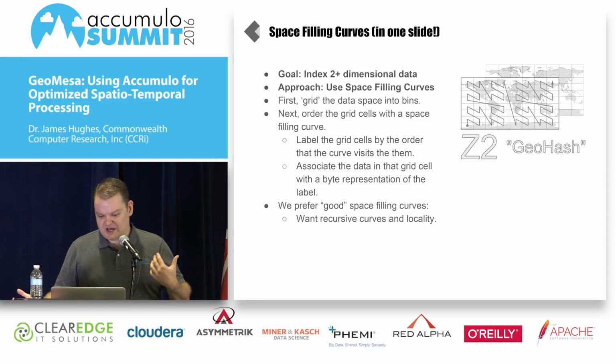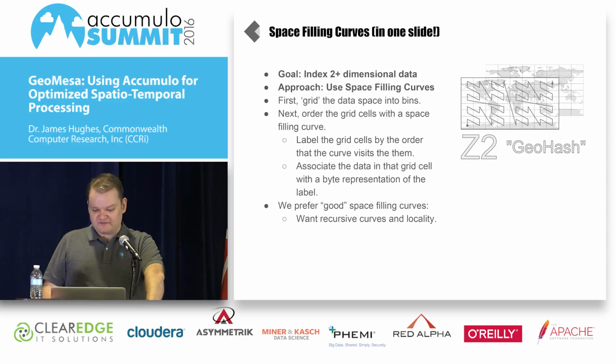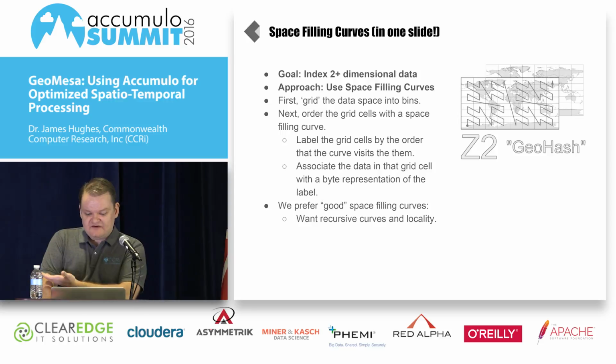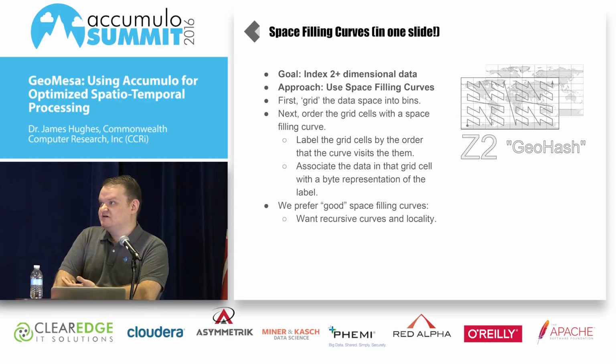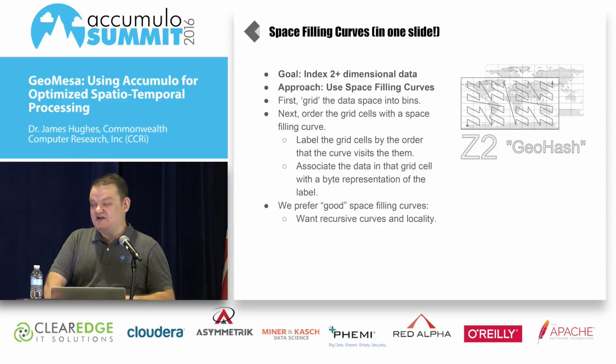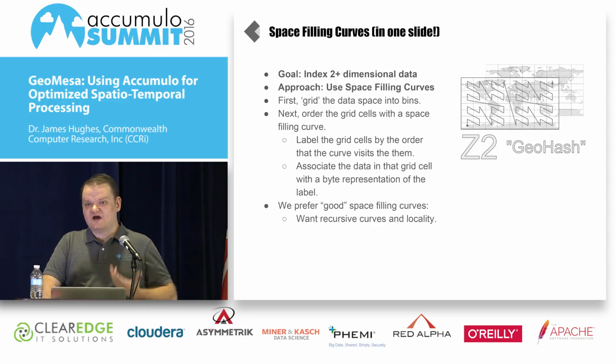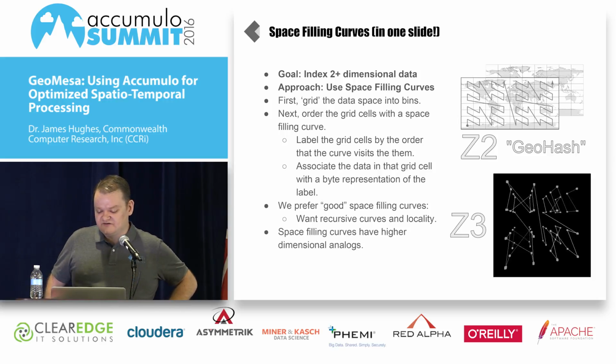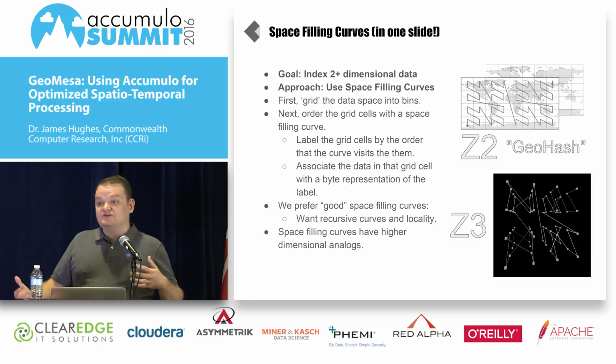We've got a label for everything we're talking about, and that gives us a byte representation. So this is a GeoHash scheme, or you can call this a Z-order curve. Just for context and reference, I'm going to call this Z2 because we can also have a higher dimensional analog, Z3, that takes 3 dimensions.